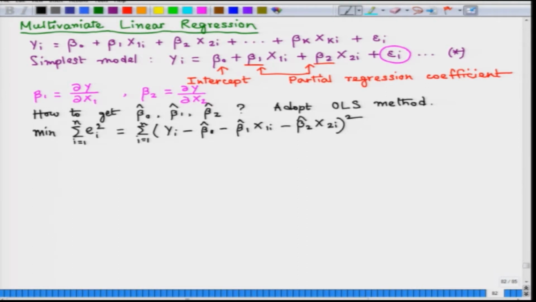Okay. So, this is the expression that we need to minimize with respect to the unknowns which are basically beta naught hat, beta 1 hat and beta 2 hat.